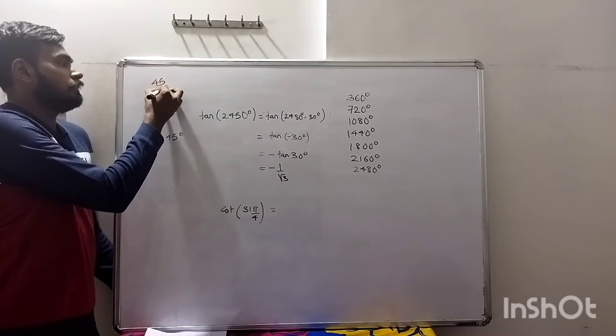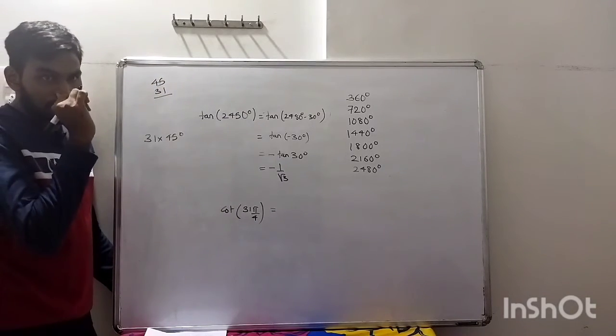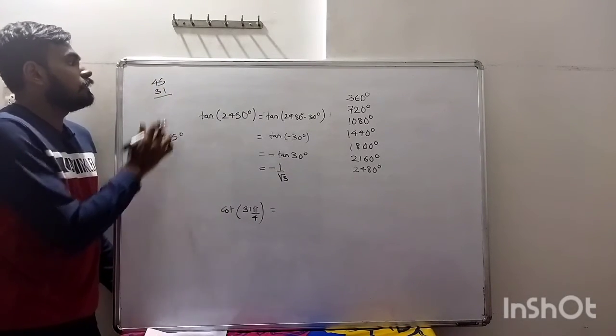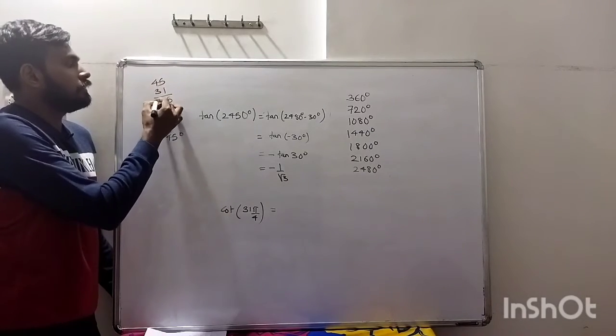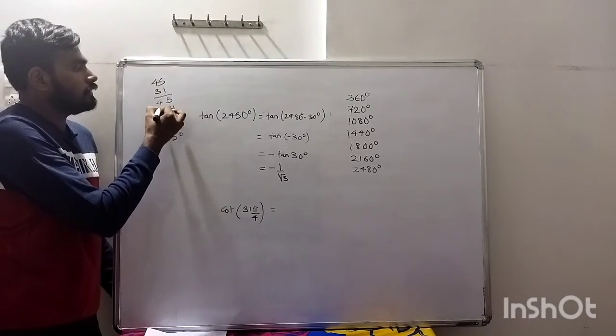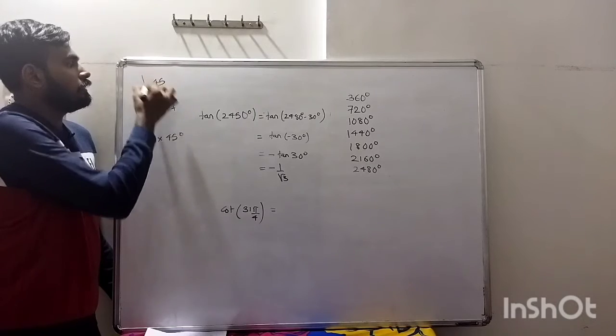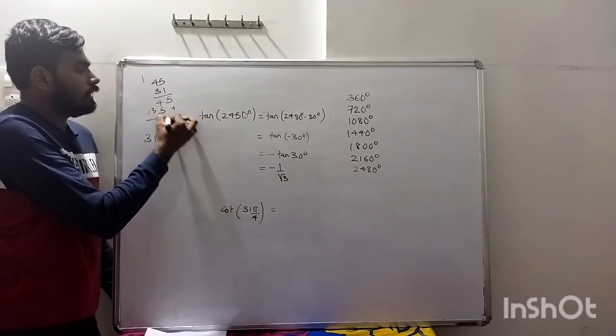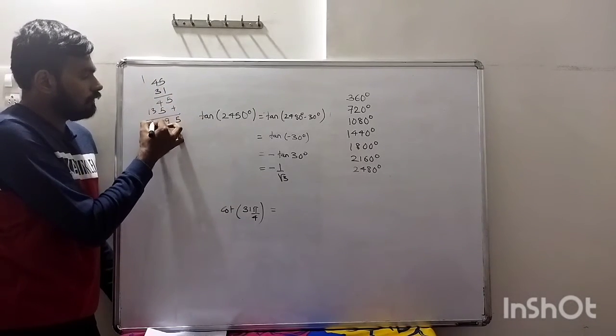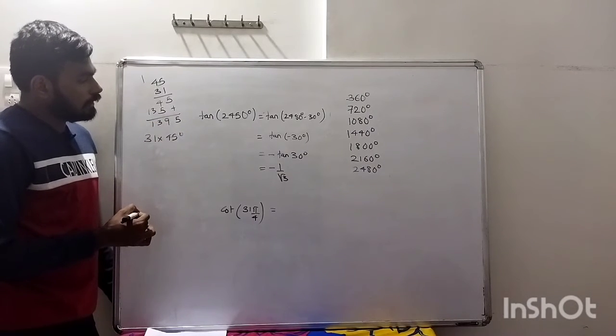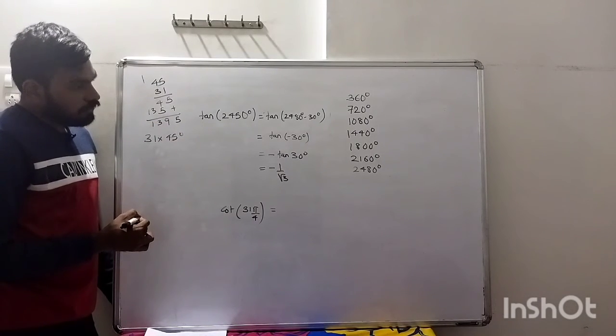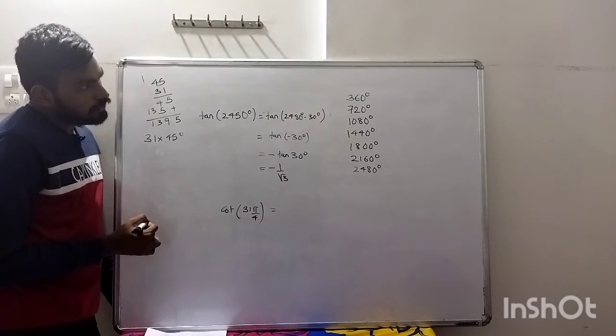So one way. Don't worry, I will show you another way if this looks difficult. 5 fours are 20, 5 threes are 15, and so on, so 1395. So now you have to search 1395 there.